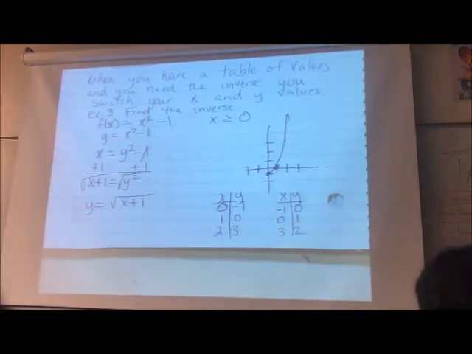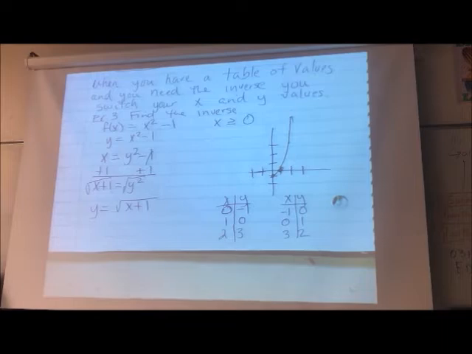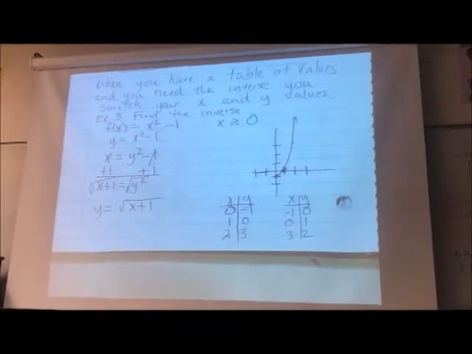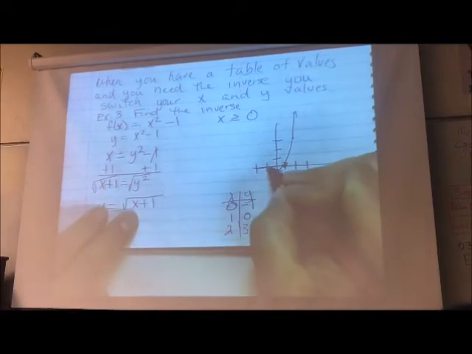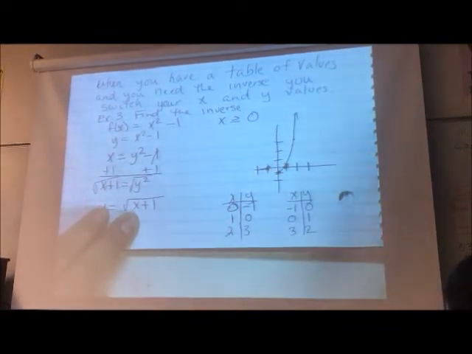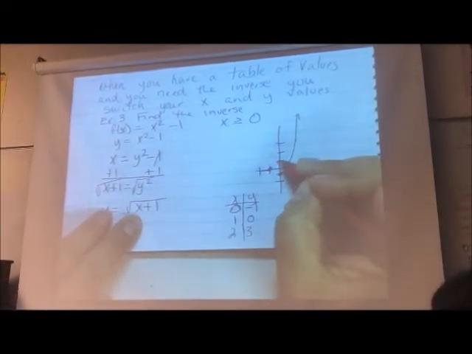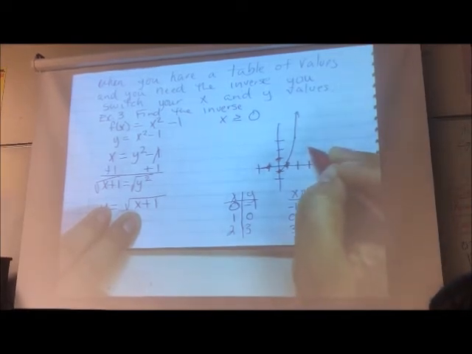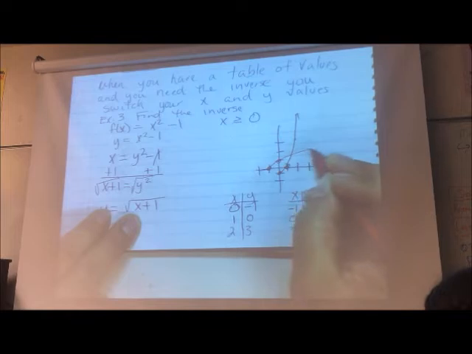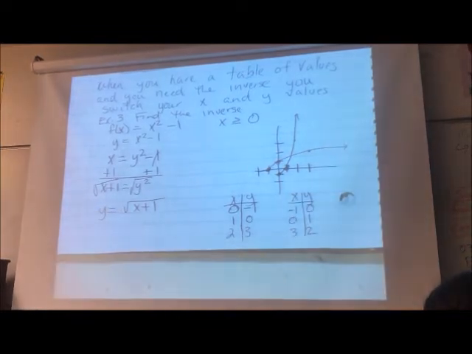That's the first thing right there. So when I sketch this new graph here, negative 1, 0 is there. 0, 1 is here. And 3, 2 is about there. So this graph goes something like this.